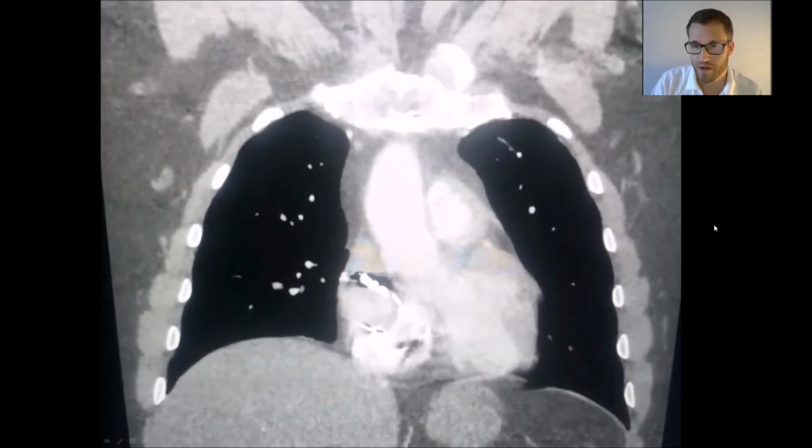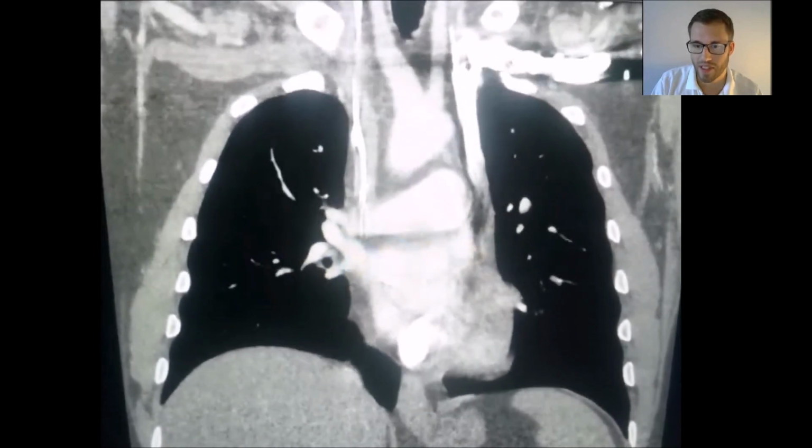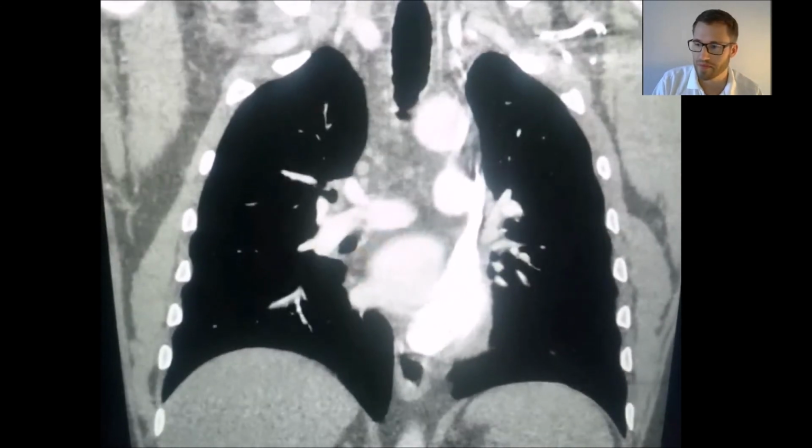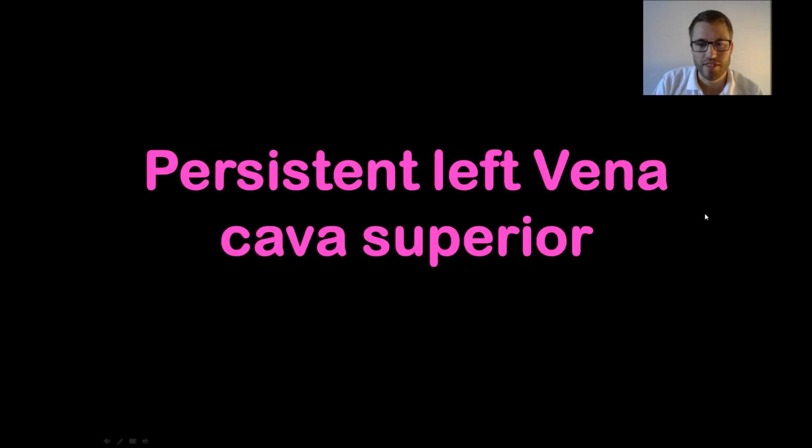Again in slow motion, and there it's going down and into the right atrium. Wonderful. Okay, so this is another pathological finding we had in this patient. Persistent left vena cava superior.